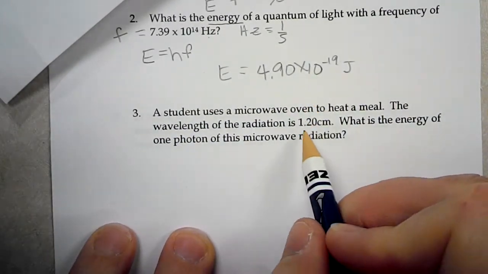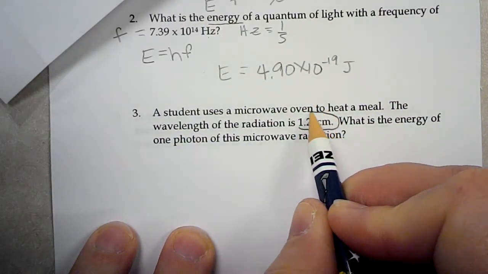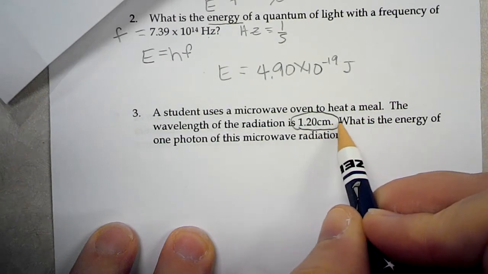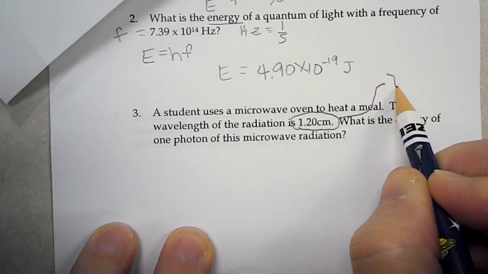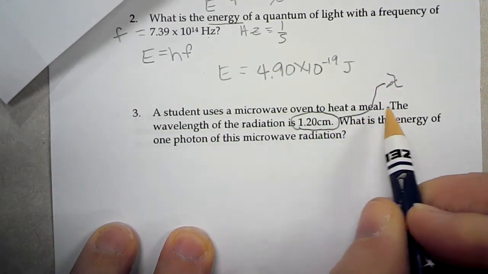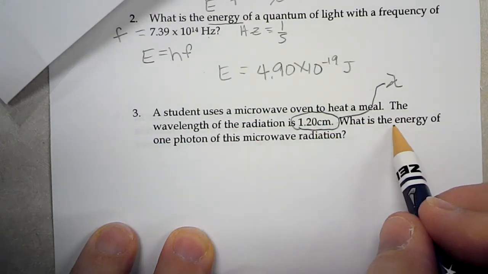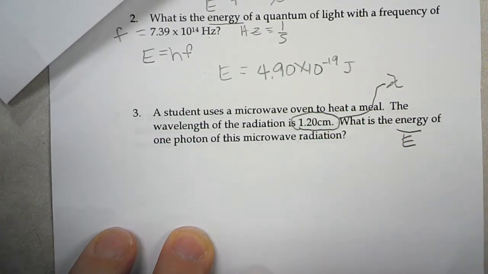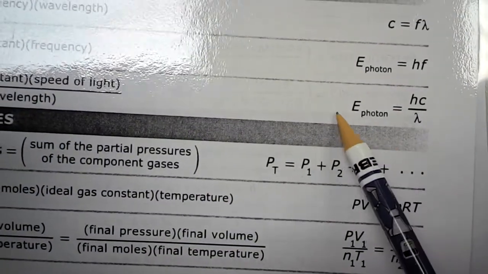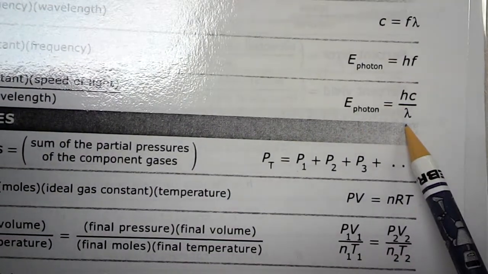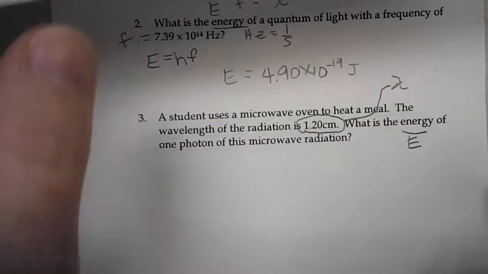This next one has a radiation of 1.2 centimeters. This number is actually wavelength, and they want to know what is the energy, so they're looking for energy. When you look at your formulas, you'll want to use the formula that has energy and wavelength. It uses Planck's constant and the speed of light.